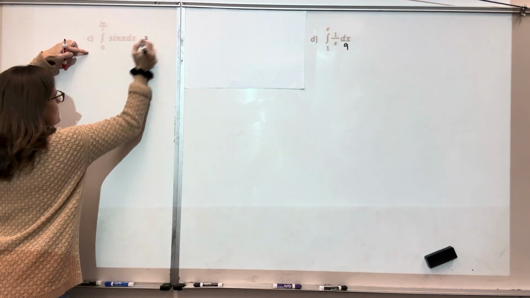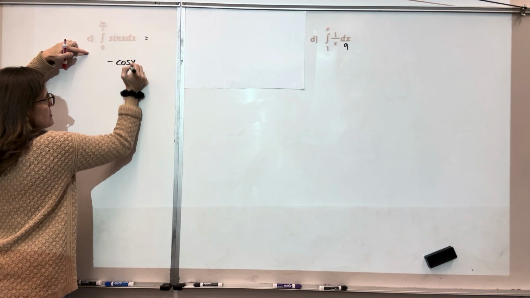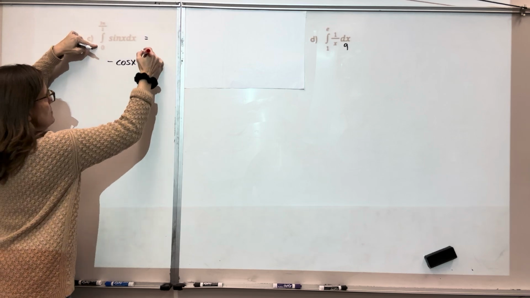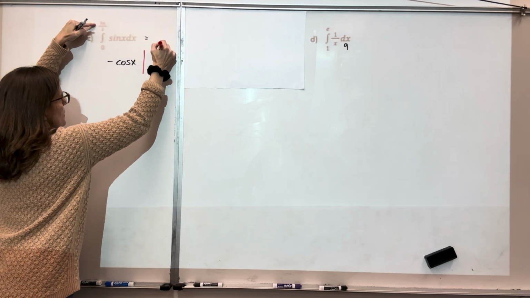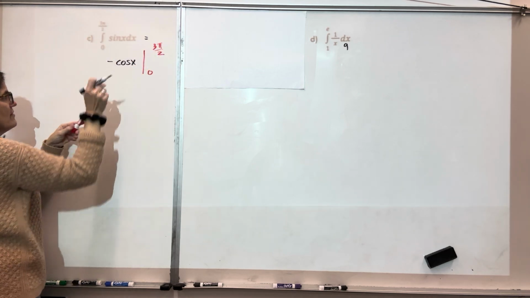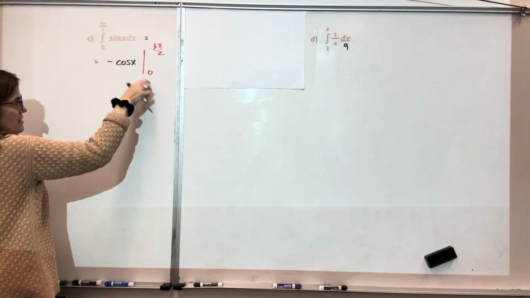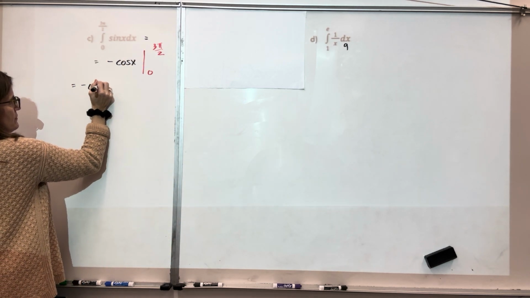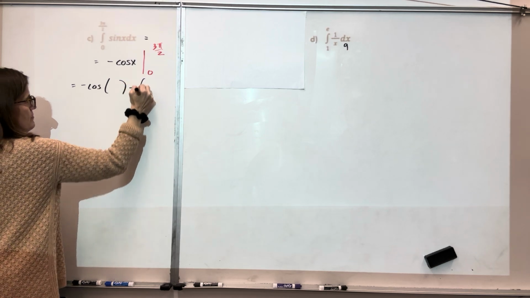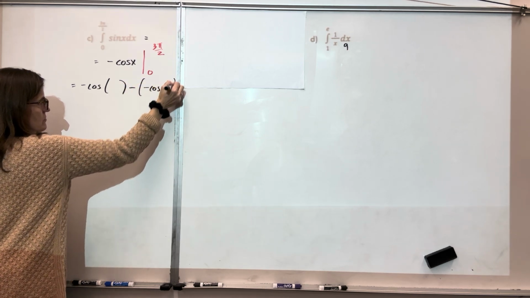So I could say equals negative cosine of x, again, evaluated from 0 to 3 pi over 2. And this is all equal, I just didn't have enough space to write it on the same line. And then plug in the top thing minus plugging in the bottom thing. So negative cosine of 3 pi over 2 minus negative cosine of 0.